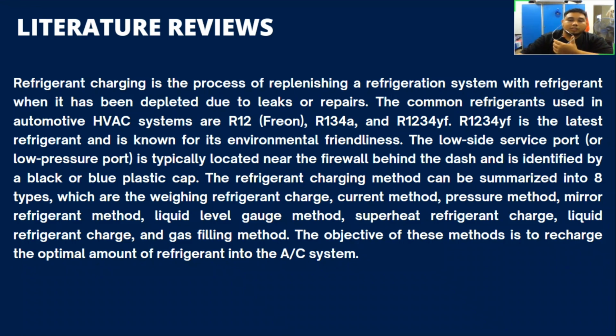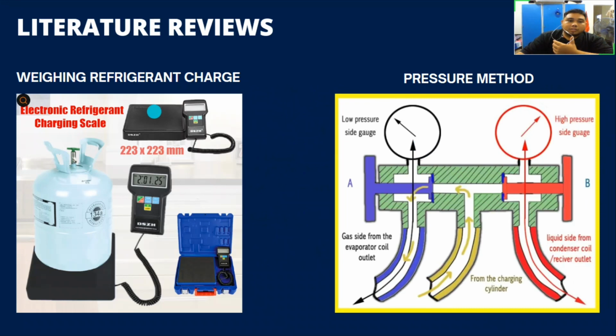We move along to the first method, which is weighing refrigerant charge. This picture shows that we measure the amount of refrigerant, initial and final, so we can calculate the amount of refrigerant entering the system.